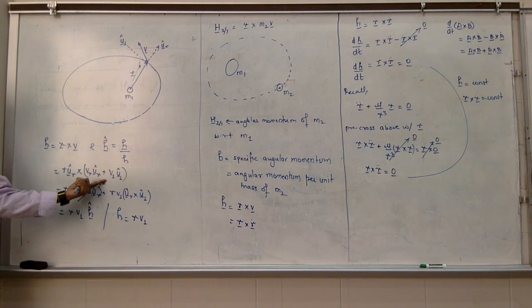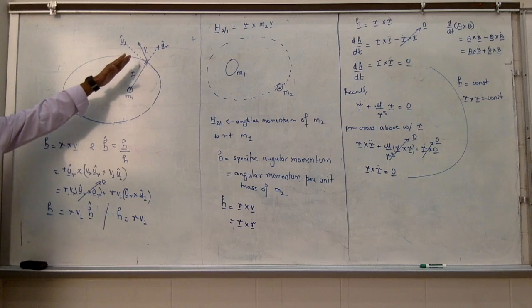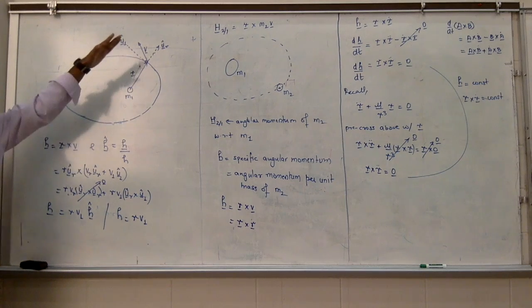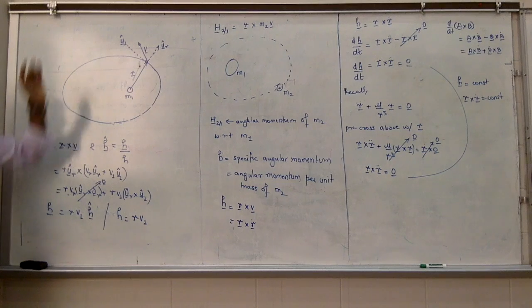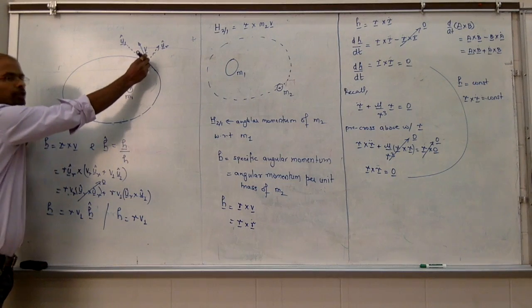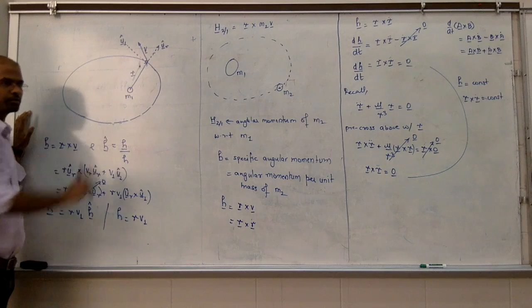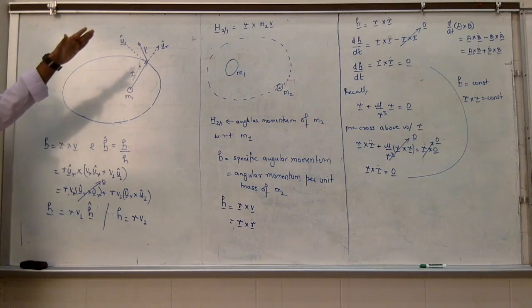So what I've done is I've created a coordinate system here. One is UR, the perpendicular to that is U perpendicular, and there is another one which completes the third. Now my UR is in that direction.